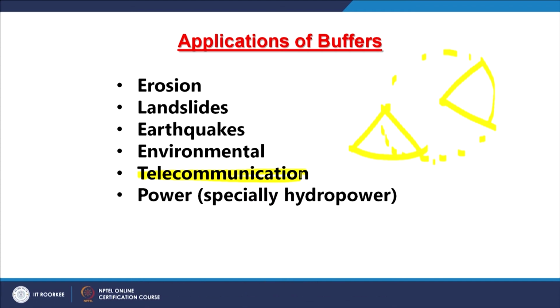In power supply, especially in hydropower, there also buffers are used, because we can analyze how much loss in the power there will be if the energy or this power has to be transported over a large distance. So, from that point of view, buffers can also be generated, and these things can be estimated even before a power line is put in the field.